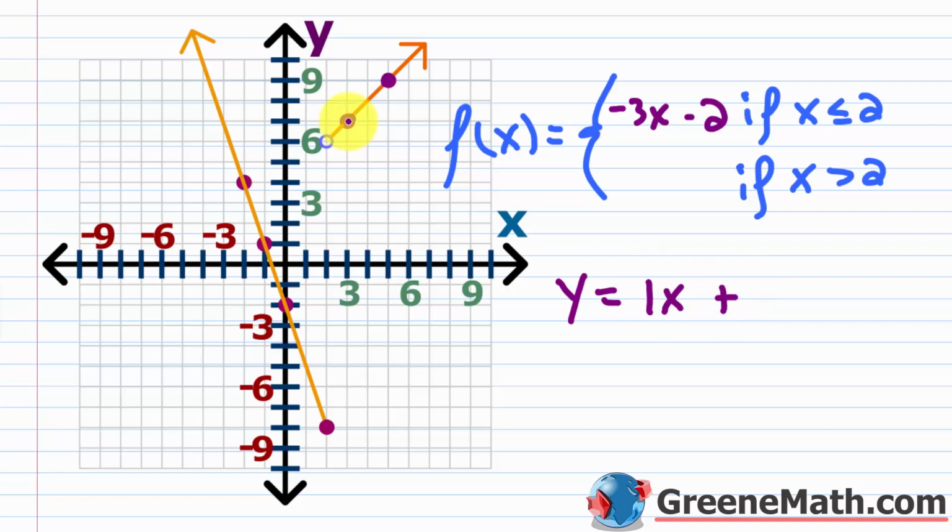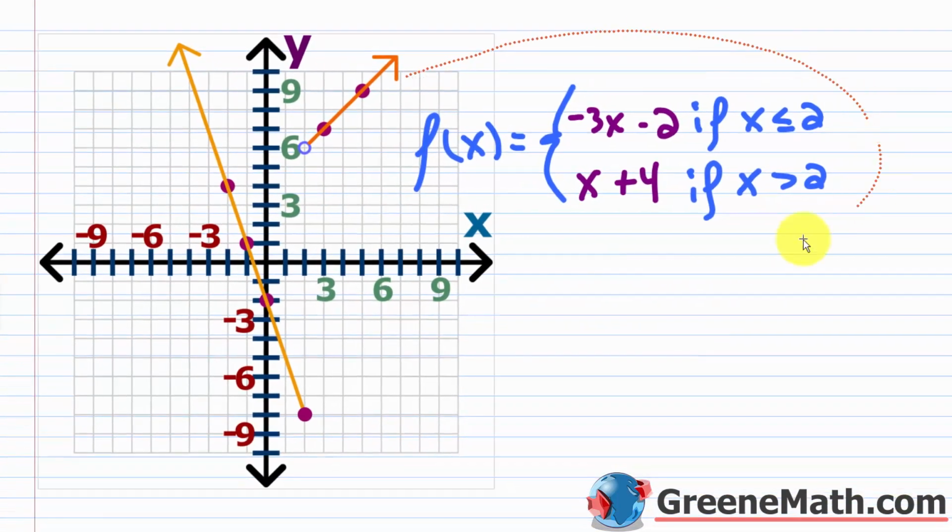Well, I can continue with this slope. I can just go down 1 to the left 1, down 1 to the left 1, down 1 to the left 1. I know that I would hit the graph here, right? You can see that that would be that line. So the y-intercept would occur at y equals 4, okay? So this would be a 4 here. So essentially what I'd have is y or f of x equals x plus 4. So x plus 4 if x is greater than 2. Okay?